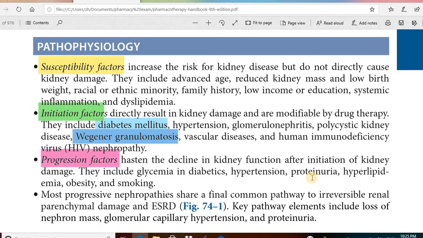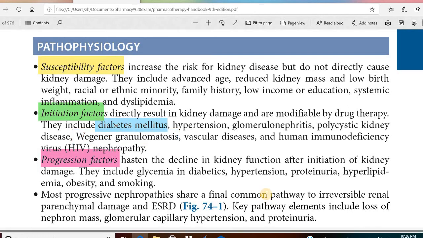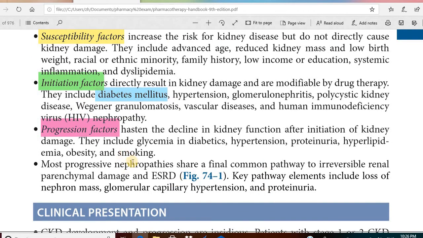Initiation factors are certain kinds of diseases which initiate the kidney damage. Once the kidney has already been damaged, progressive factors enhance the decline in kidney function. So most progressive nephropathies share a final common pathway to irreversible renal parenchymal damage and ESRD.